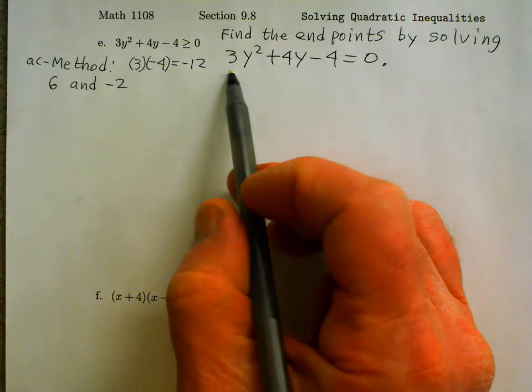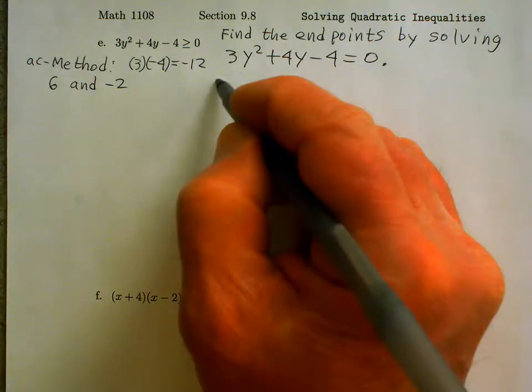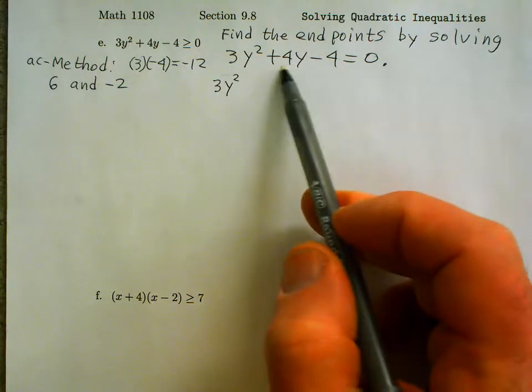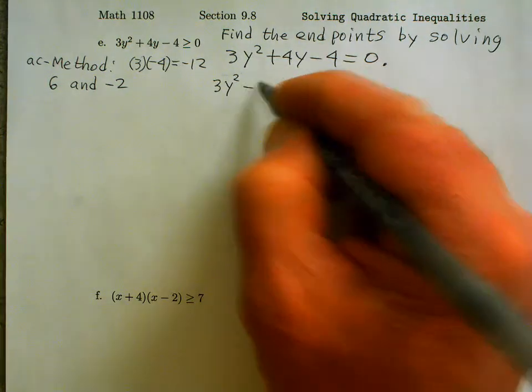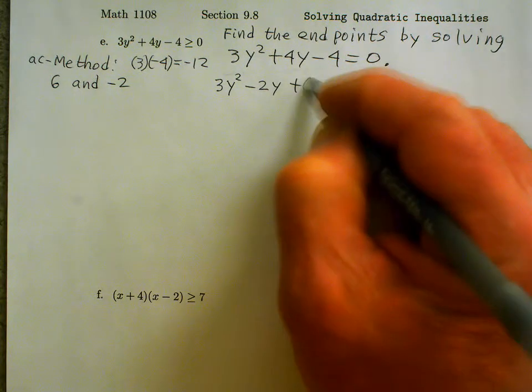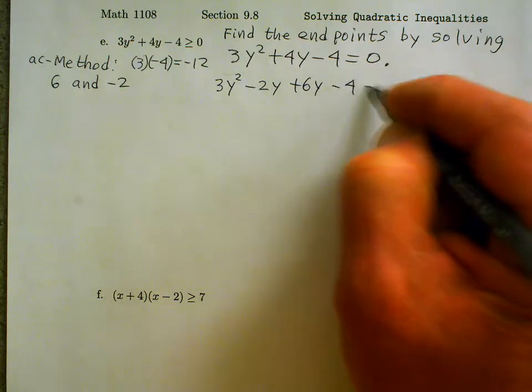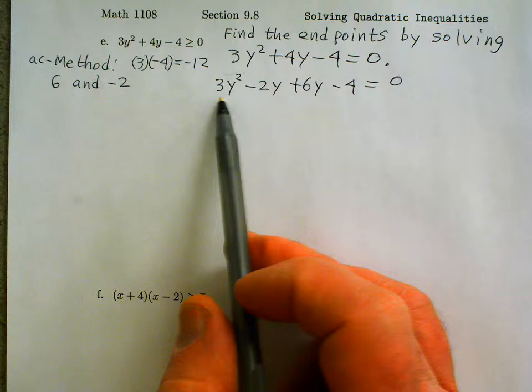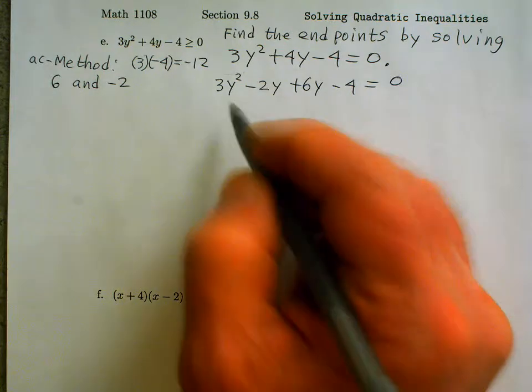So if we transform the trinomial into a quadrinomial, we'll replace the plus 4y with minus 2y plus 6y. And then factor by grouping. Out of the first two terms, we factor y out.